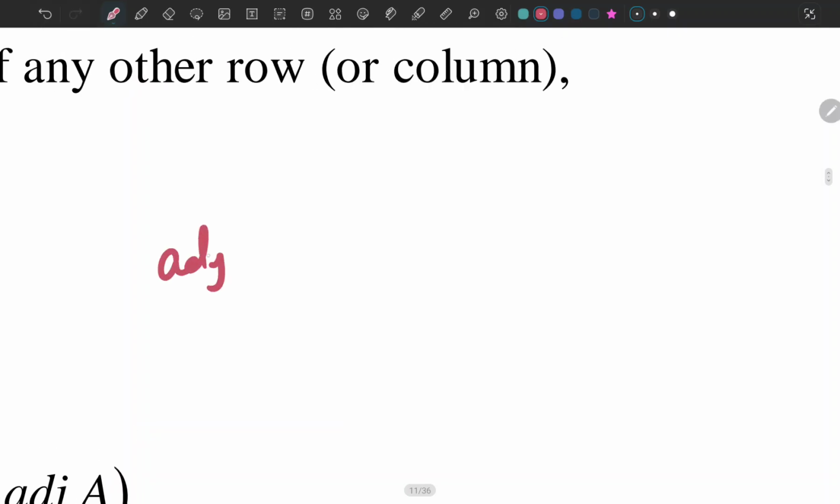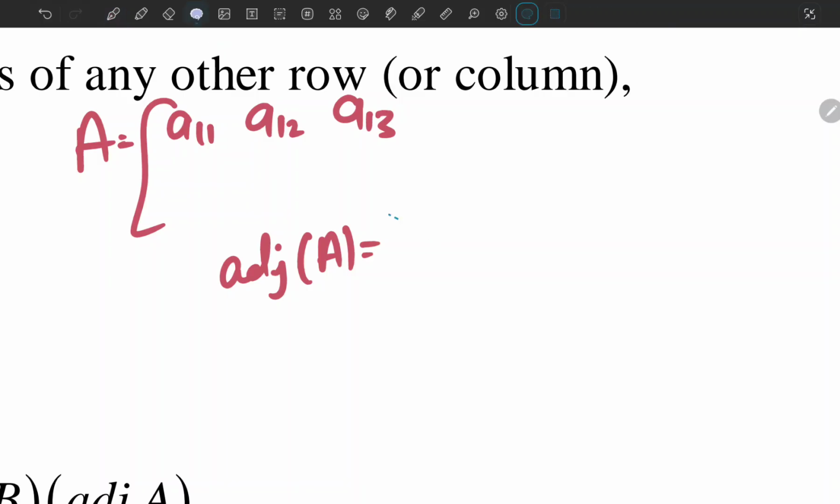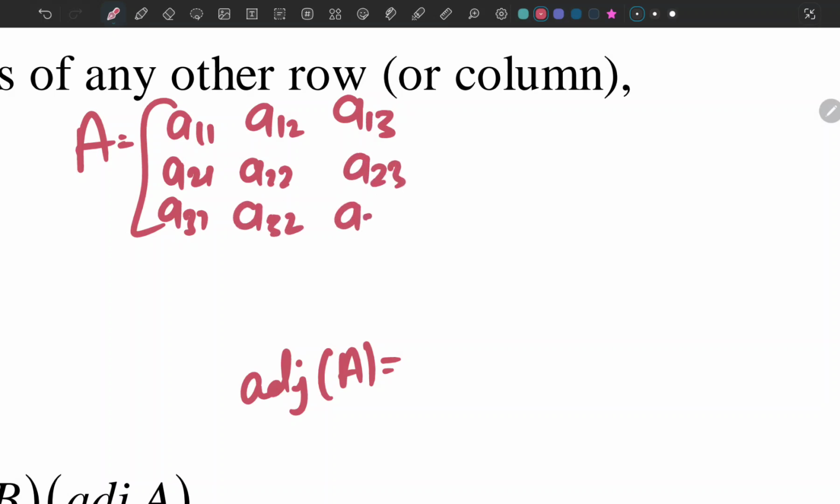So adjoint of A, let's say that A is A11, A12, A13, A21, A22, A23, A31, A32, and A33.